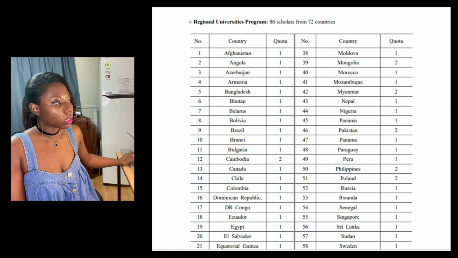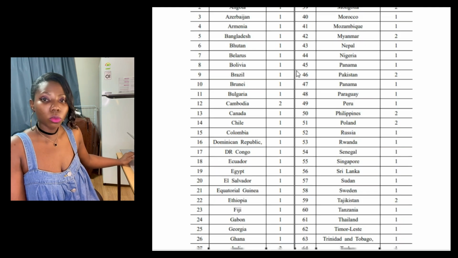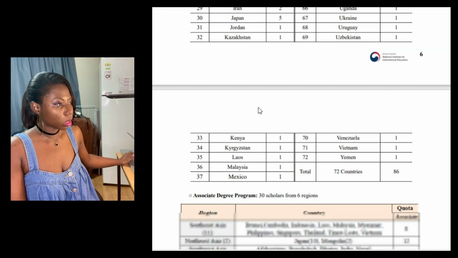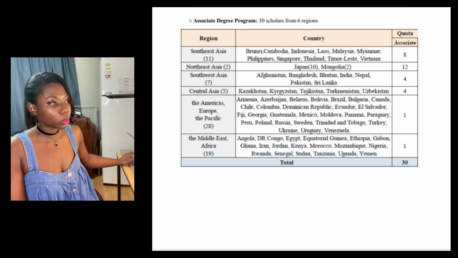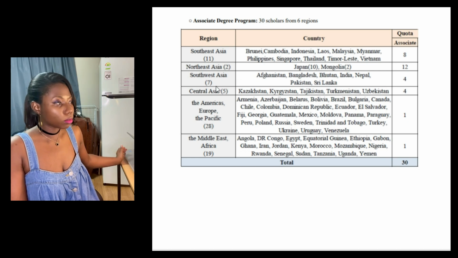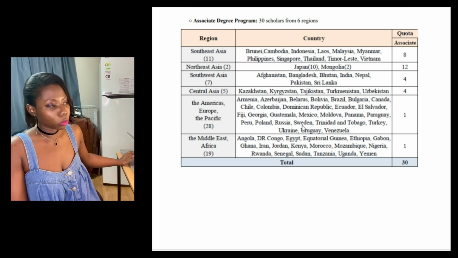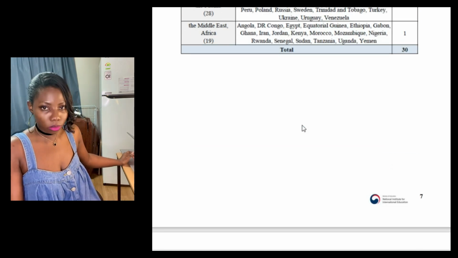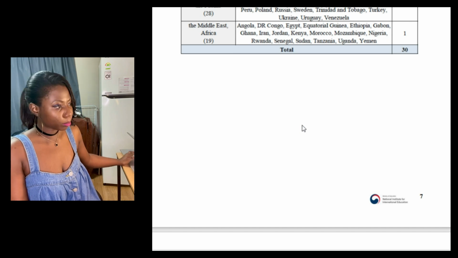We have 86 scholars from 72 countries. So here you can go through to check your country and the quota that you're going to take. Okay, then associate degree program, here you check the countries and the number of people they are going to choose. All right, please go through this very, very well. Okay, all right, moving on.